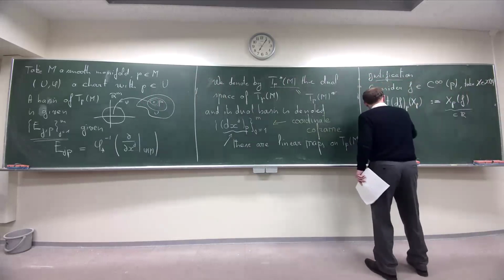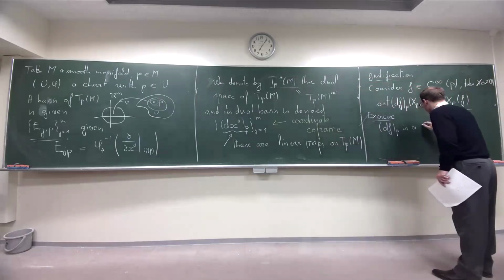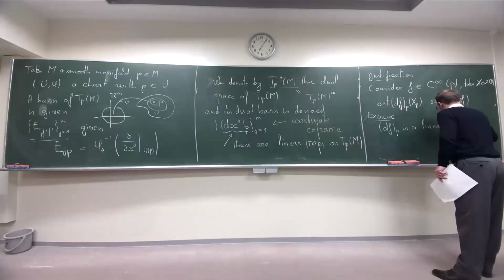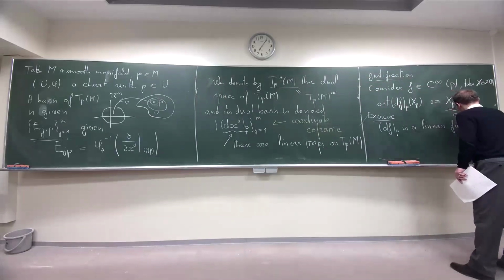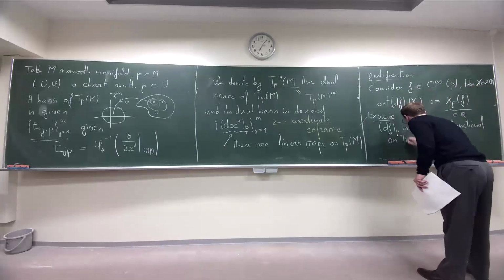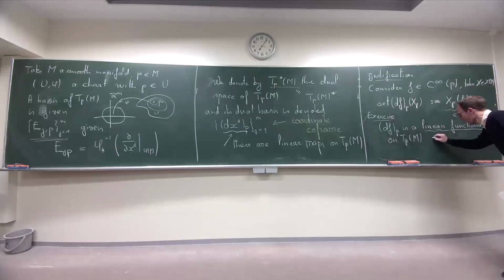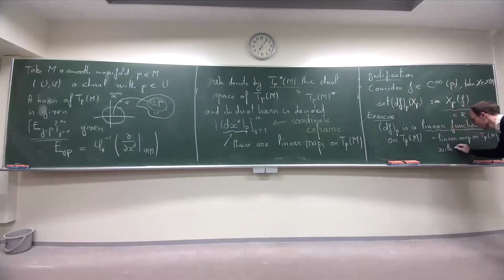With this definition, df is a linear functional on Tp of M. What is a linear functional? I will use this word. It's a linear map on Tp of M with values in R. Why is it a linear functional?